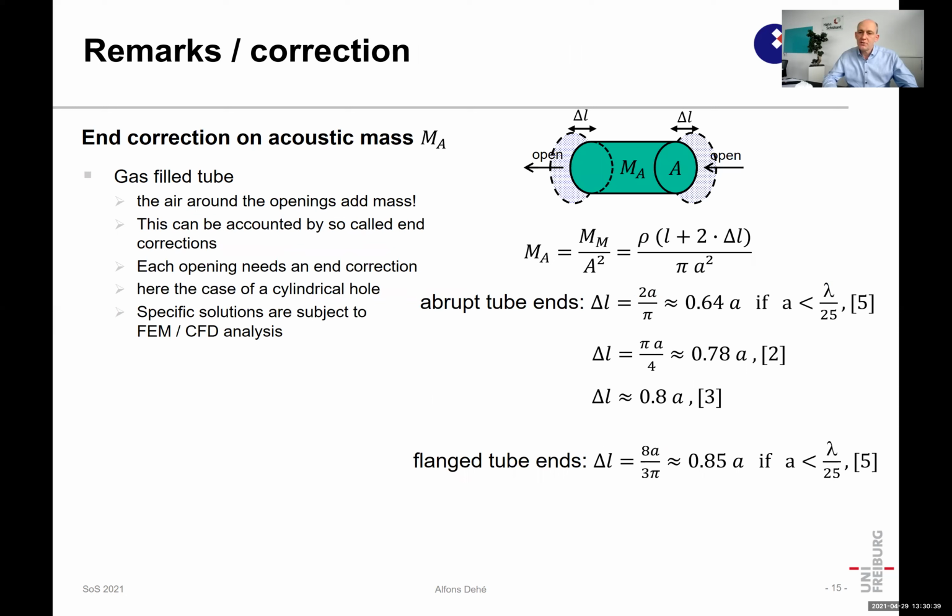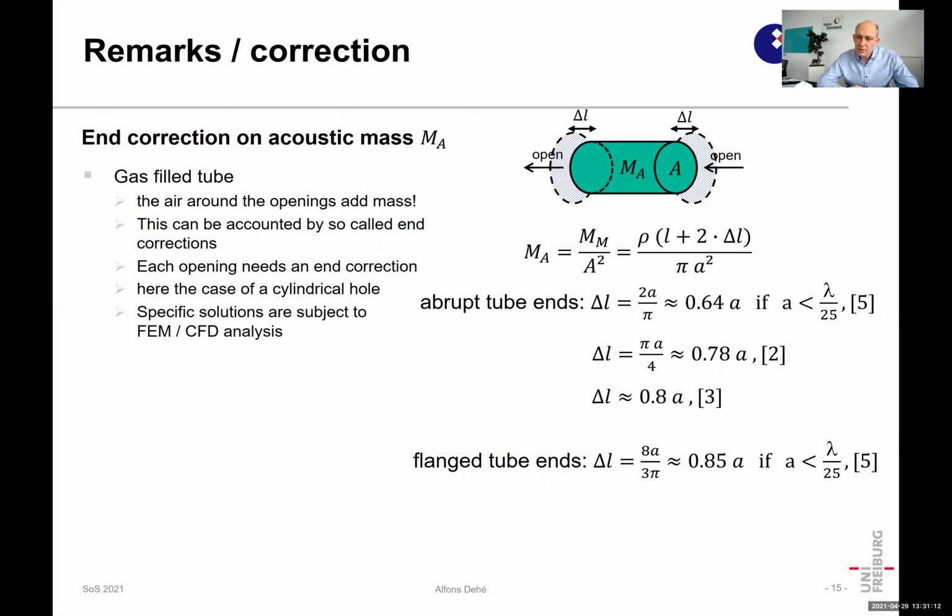So we need to add a little bit of mass that is accelerated at the input and output of a tube, because this is somehow loaded to the tube. And this is a bit of a heuristic approach, but what people tend to do, they extend the length of the tube by a correction factor, delta L, to account for the mass which is loaded to the tube at the input and output.